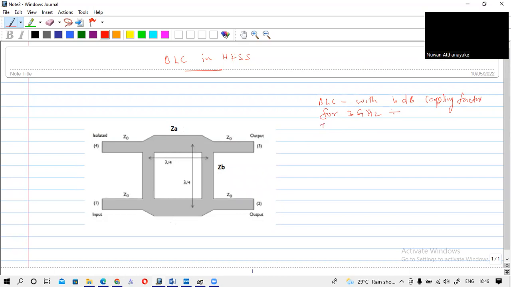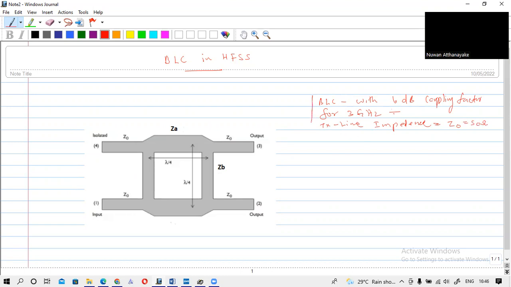The transmission line characteristic impedance, normally denoted as Z0, will be 50 ohm. So this is matched to a 50 ohm line.